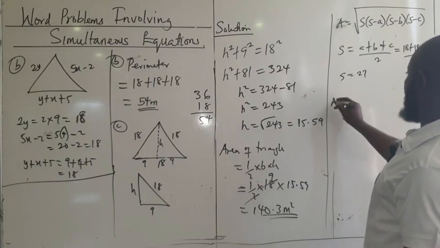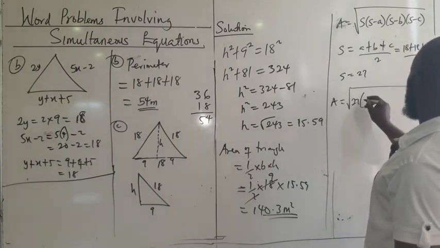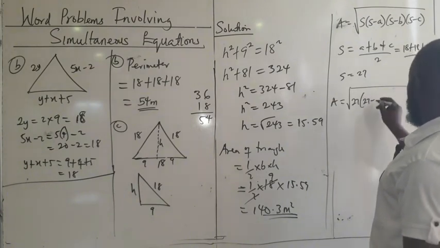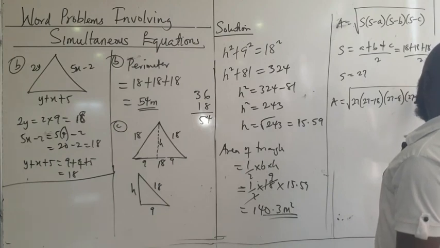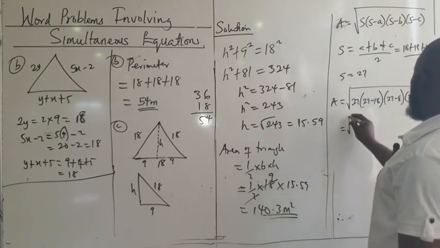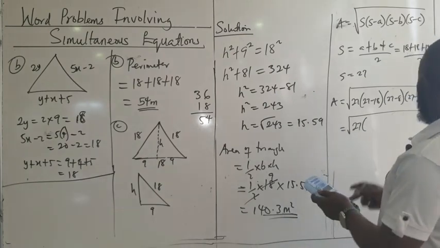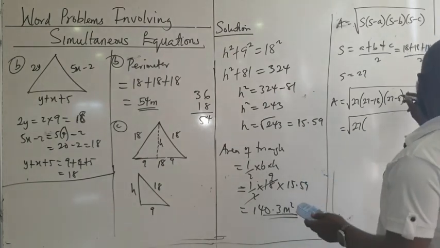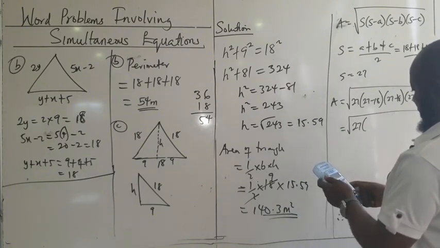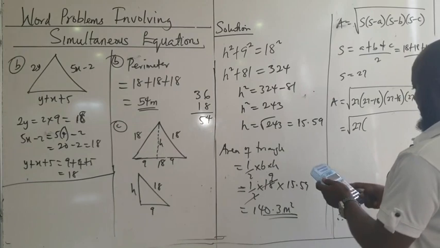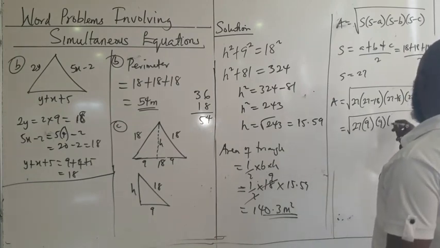So let's now put this in the formula. So we have this S, which is 27, into 27 minus A, 18. The same is 27 minus B, 27 minus what? C. So this will give us 27 into 27 minus 18, 27 minus 18, 27 minus 18. So that gives us 9 times 9 times what? 9.